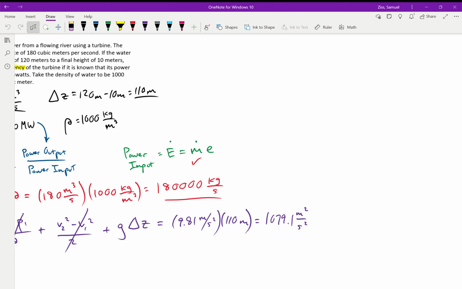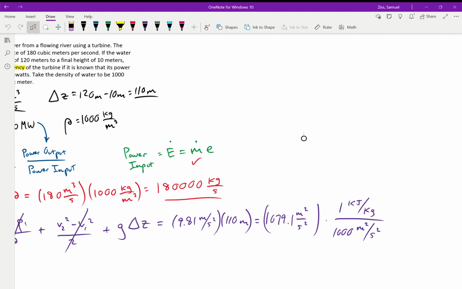And I'm going to make a little change to this value. I'm going to multiply this by 1 kilojoule per kilogram divided by 1,000 meters squared per second squared.